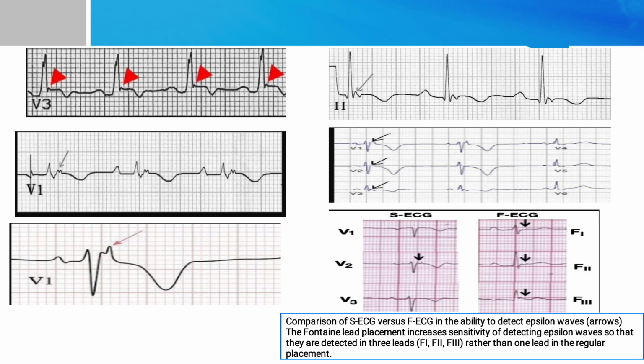So the Fontaine lead placement increases the sensitivity of detecting the epsilon wave, so that it is detected in leads like F1, Fontaine 2 and Fontaine 3 rather than one lead in a regular placement.